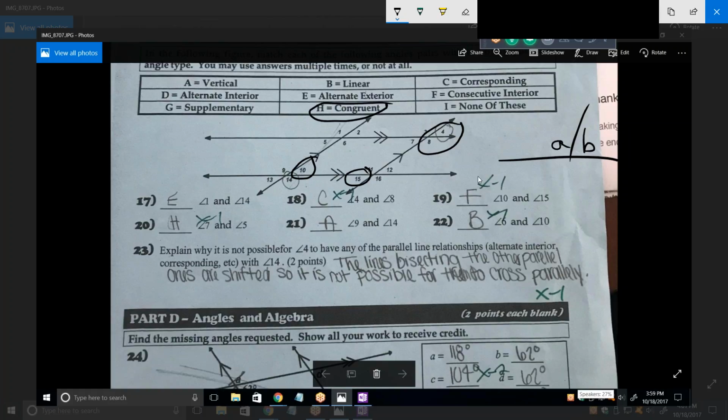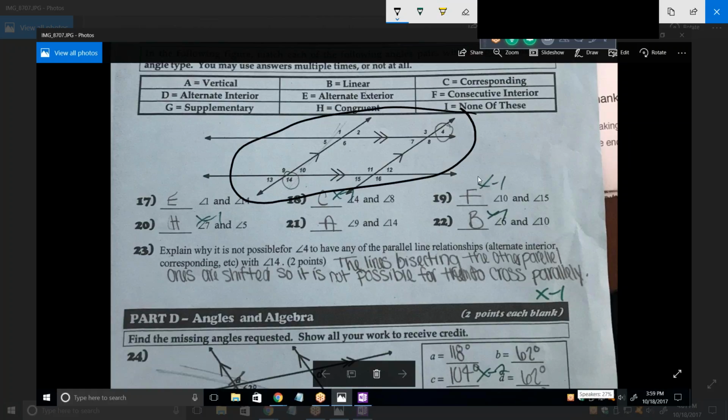If I look at this whole picture, hold on a second, let me erase this. I've got nothing but parallel lines everywhere, so I know that every acute angle I'm looking at is congruent to every other acute angle, and every obtuse angle is congruent to every other obtuse angle.